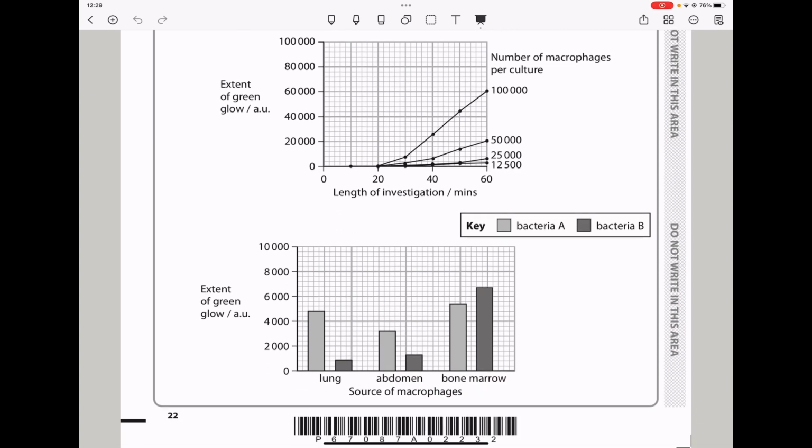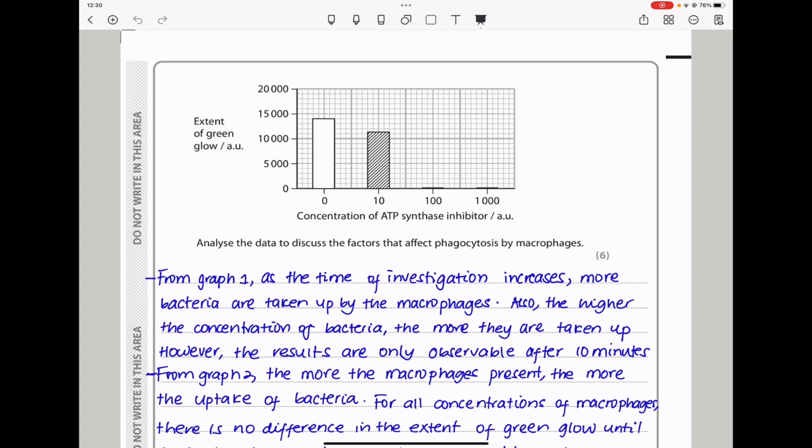Here we have the extent of green glow on the vertical axis and the source of the macrophage on the horizontal axis. We see some from the lungs, some from the abdomen, and those from the bone marrow. We can see there was more green glow with those from the bone marrow. The last result shows the extent of green glow versus the concentration of ATP synthase inhibitor. We can see as the concentration of ATP synthase inhibitor increases, the extent of green glow is decreasing.